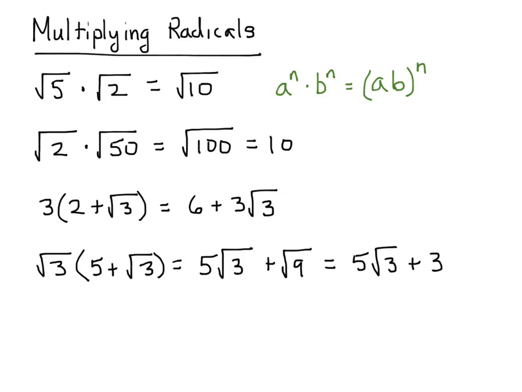And so this kind of thing where we can eliminate radicals through multiplication by simplifying will turn out to be a way that we can essentially get rid of radicals in certain rational expressions. Okay, so that's where I want to stop.